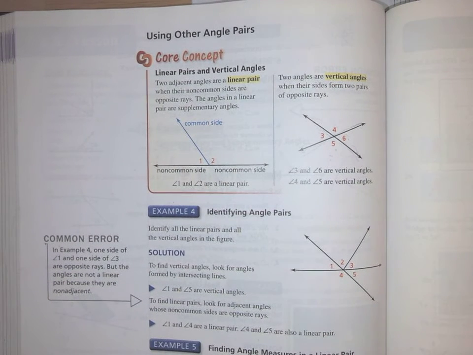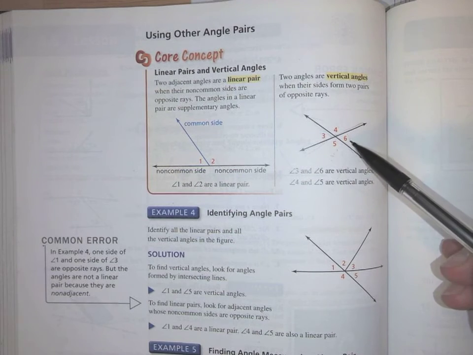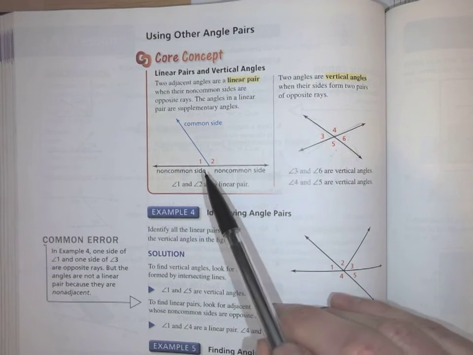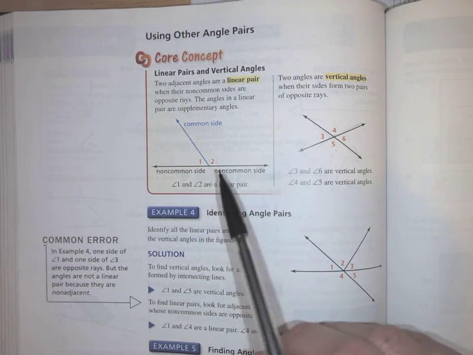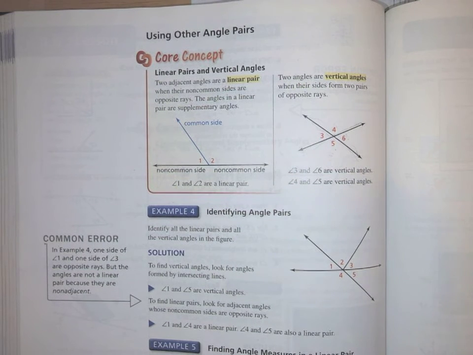We also know from something that we proved recently, the vertical angles congruence theorem, that 4 has to be congruent to 5 and 3 has to be congruent to 6. Also over here on the linear pairs, we know that these have to be supplementary. So the measure of angle 2 plus the measure of angle 3 has to equal 180. Those are really important facts that you're going to use in some of the problems on this assignment.